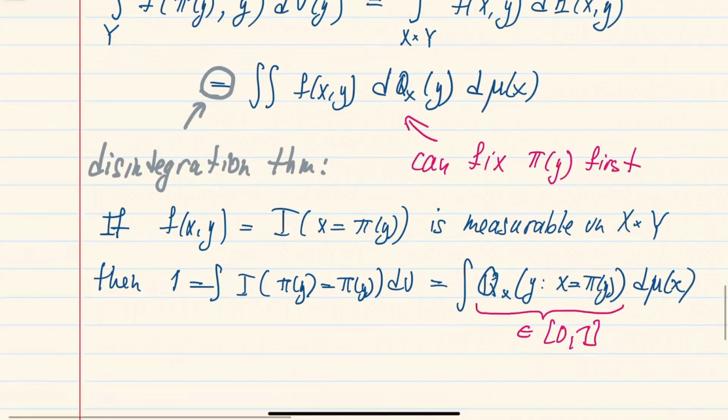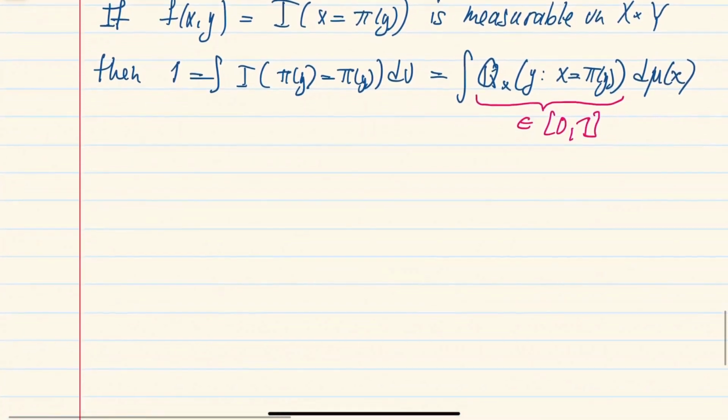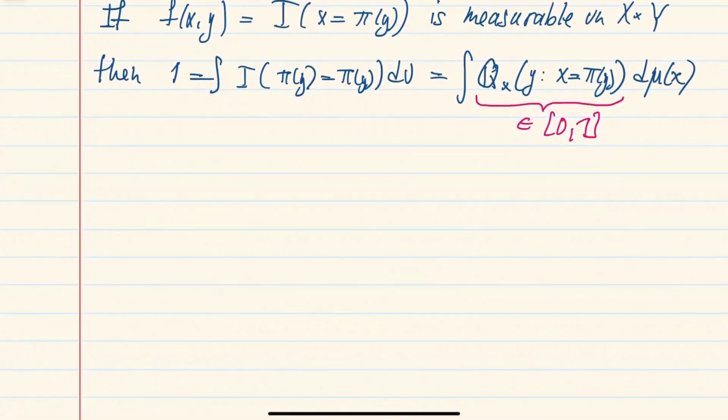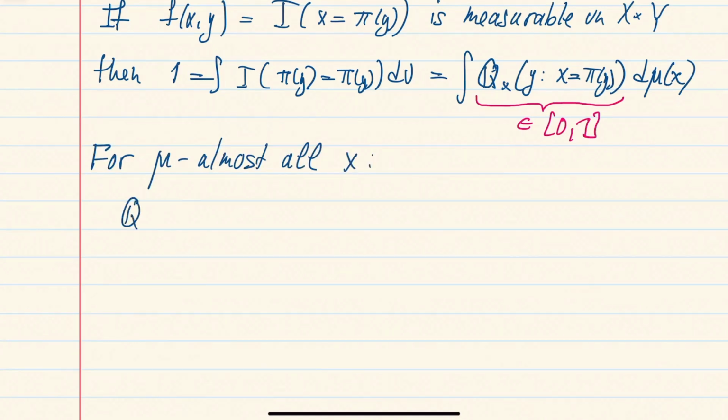So from this particular example with an indicator, you can see that for almost all x, or for mu almost all x, you must have that the measure q for this fixed x of the set y where x is equal to pi of y is equal to 1.